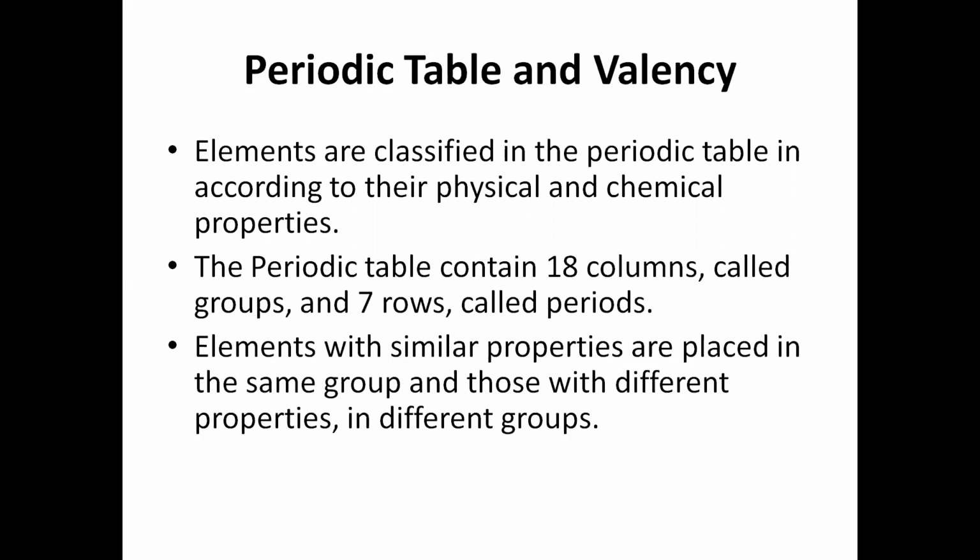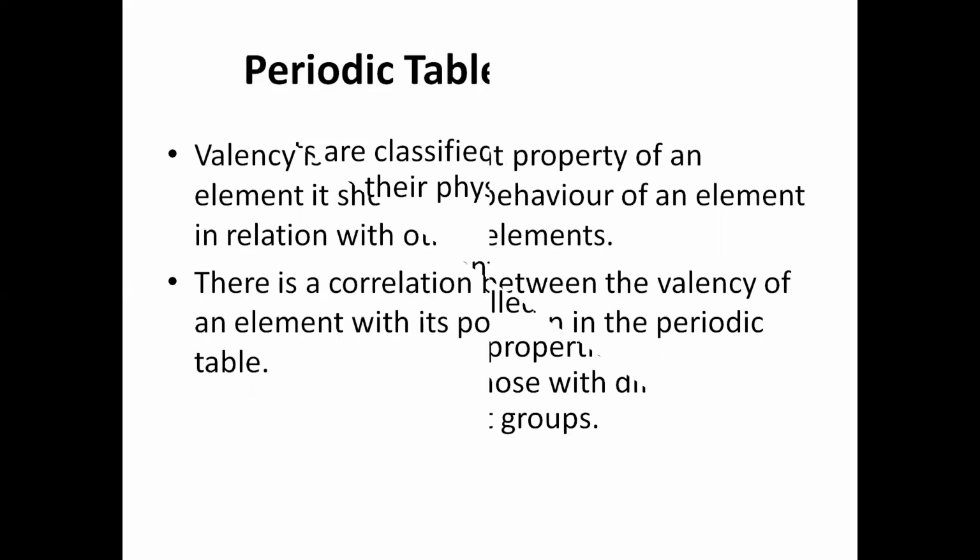For example, sodium and potassium are similar and are placed in the same group 1, and nitrogen and phosphorus are placed in group 15. You can understand by seeing the periodic table. But the two sets of elements are dissimilar and placed in different groups. Next slide.